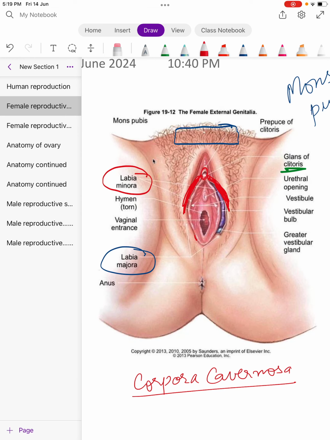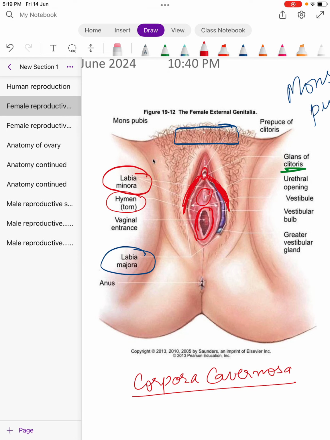Then there is the opening of the urethra, then there is the vaginal entrance. We can say it is the opening of the vagina. The opening of the vagina is covered by a very thin layer of skin called hymen, which is slightly torn. There is a small hole, so that the menstrual flow can pass out through this hole.